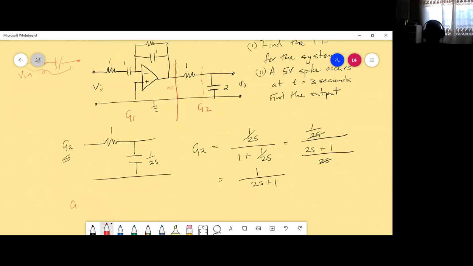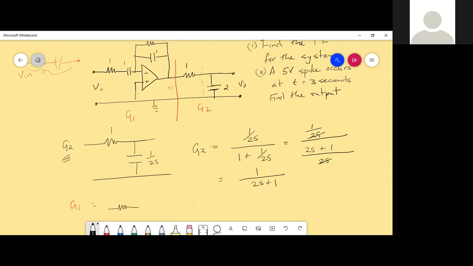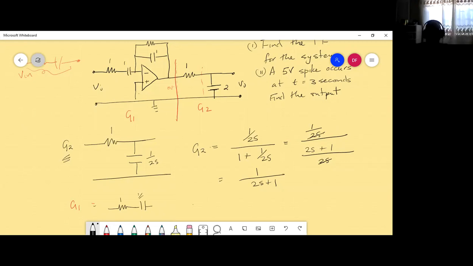This one is a little bit more involved, because now we have a resistor, which is 1, and a capacitor, which is 1 over S, into a capacitor, which is 1 over S, and a resistor, which is 1.